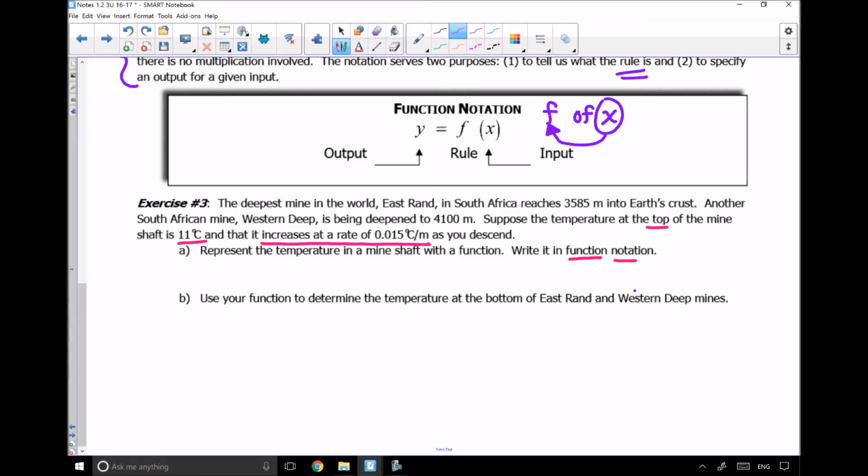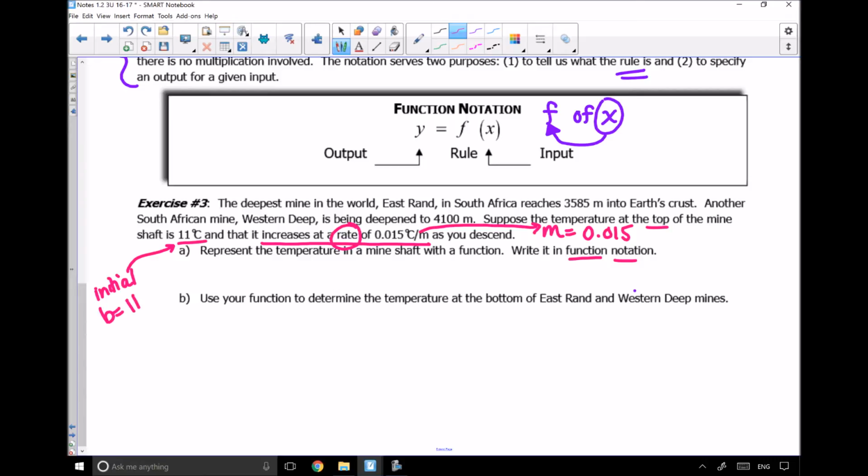So first of all, we know that it's starting at a temperature of 11 degrees Celsius. So this is your initial value, which means it could be your b if this is a linear function. It is a linear function, and how do I know that? Because it increases at a rate of 0.015 degrees Celsius per minute. So this is your rate of change or your slope. So I know that my m is 0.015 and that my b is going to be equal to 11, okay?